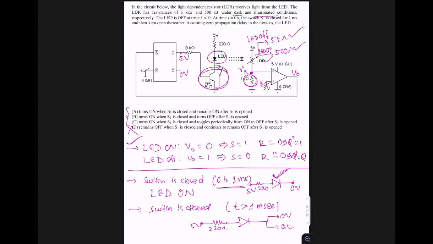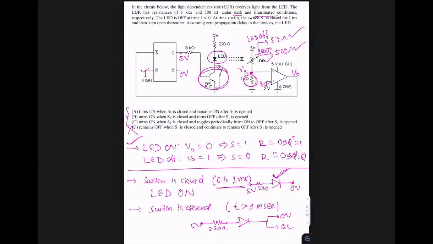Let us assume the LED is off, and we'll again cross check whether our assumption is correct or not. In diodes, you might have seen this technique many times. We assume something and we cross check our assumption, right?